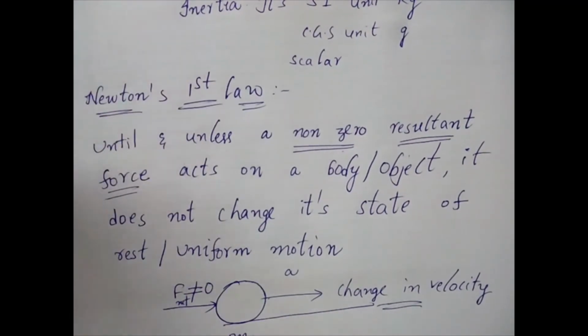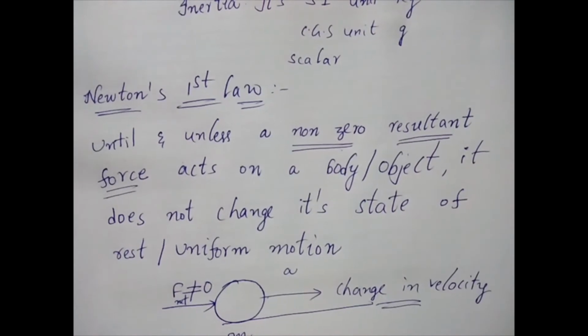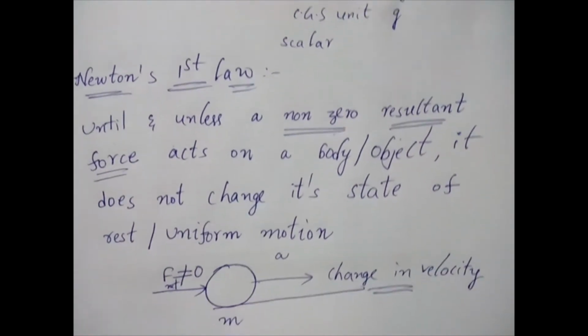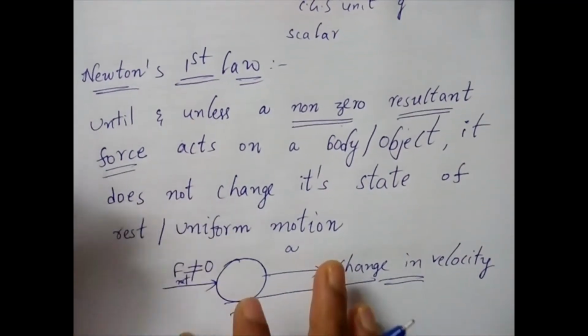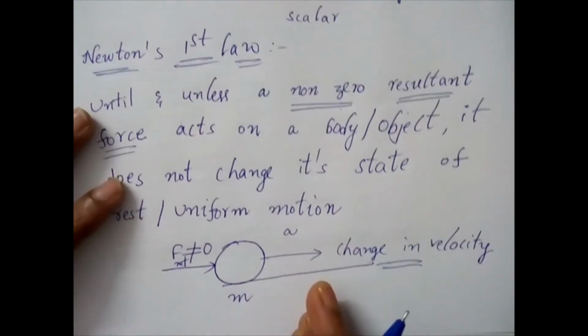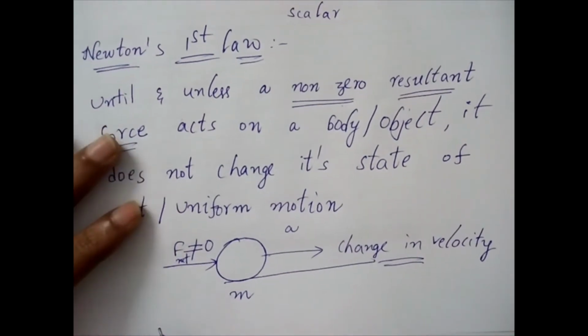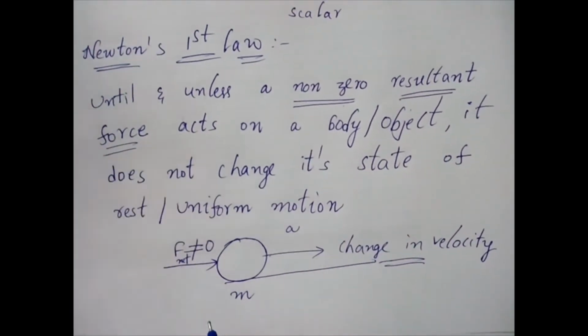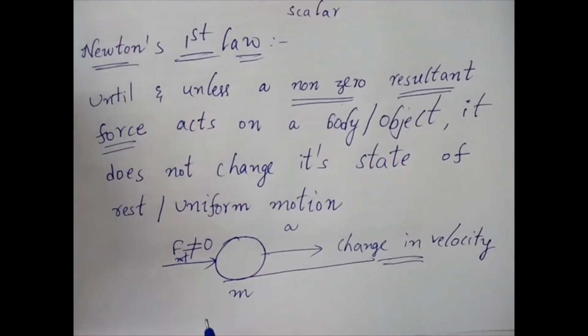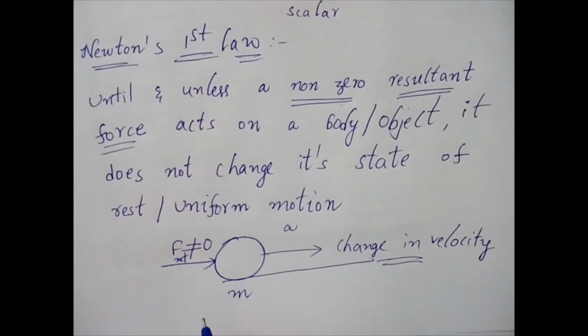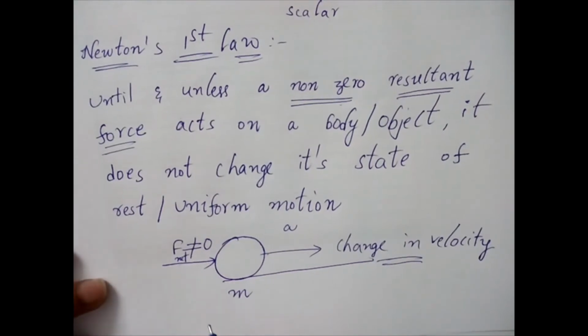If you have less mass, you can apply less force itself. Understood, all of you? So this is Newton's first law. This is also called Galileo's law of inertia. Even Galileo has given this. A small modification is done by Newton. So this is also called Galileo's law of inertia.